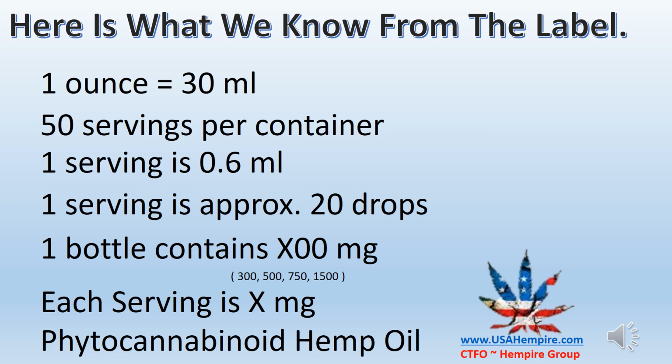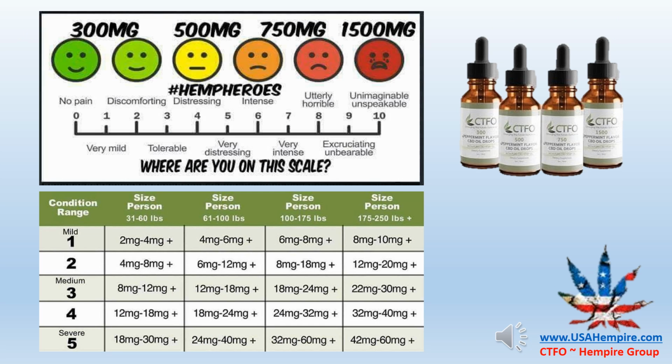So therefore, we can extrapolate each serving is going to have 1/50th of whatever our milligrams, the 300, 500, 750, or 1500 of our phytocannabinoid hemp oil. Okay, we'll dig a little bit deeper into that in some of the next few slides.